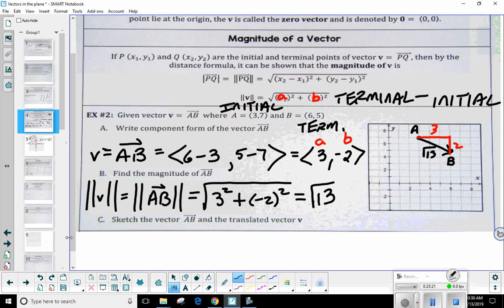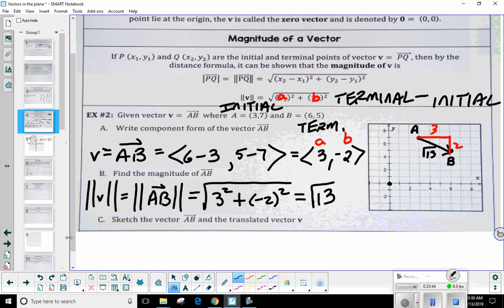Okay. All right. And then C, it says sketch the vector AB and the translated vector V. So we already sketched it originally. Well, when it says the translated, that means we want to go ahead and put it in standard position. So which point goes on the origin? A or B? A, the initial point. Okay. So I want to put that point right here.